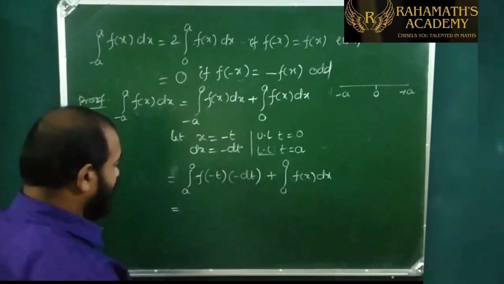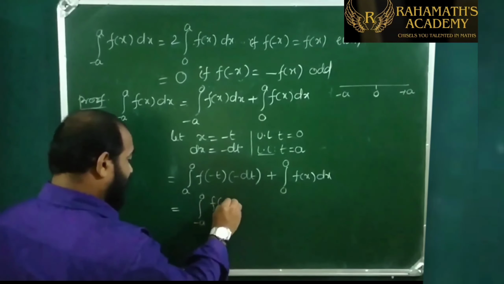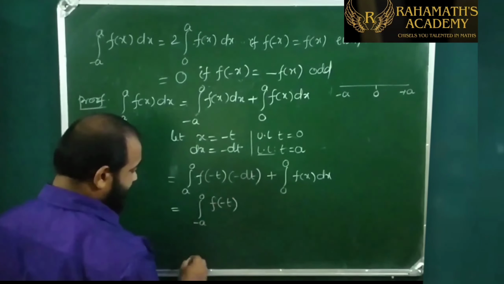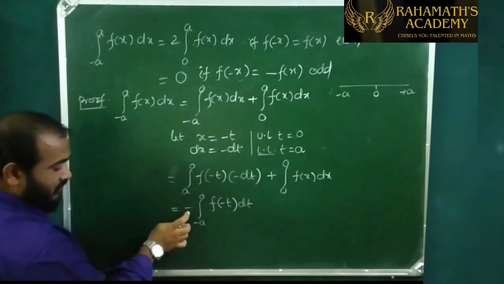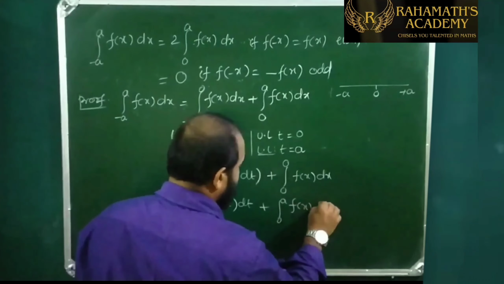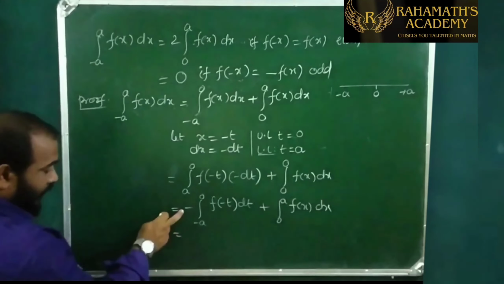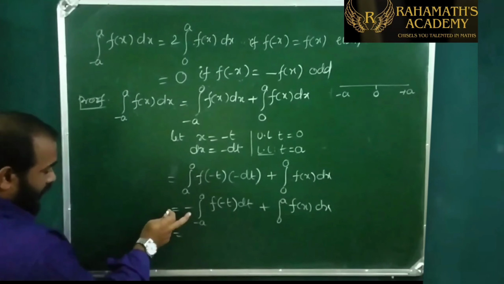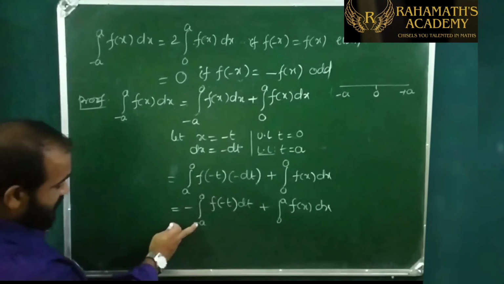This is equal to minus a to 0 f of minus t, this minus dt, minus I have written outside, plus 0 to a f of x dx. Now, if we cancel this minus, then we need to, sorry, this is plus a.